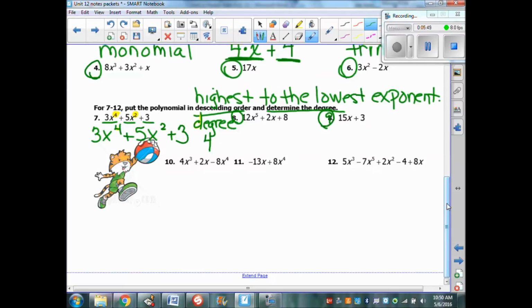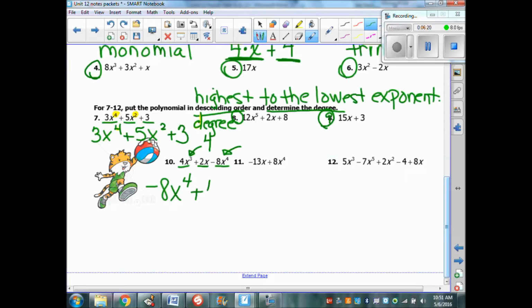So number 10, look at my terms. I'm going to underline each individual term. And if I have to put it in descending order, I've got to pick the term that has the highest exponent. So the one that has the highest exponent is that x to the 4th, but make sure you take the sign that goes with that term. It's not just 8x to the 4th, it's a negative 8x to the 4th. That's my highest exponent. Then my next highest exponent is x to the 3rd.